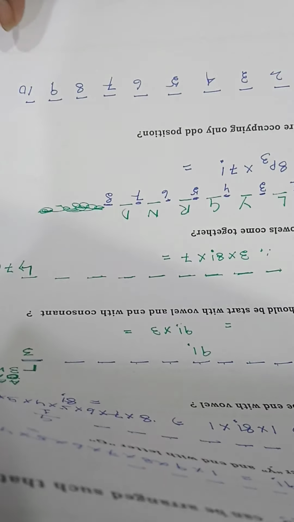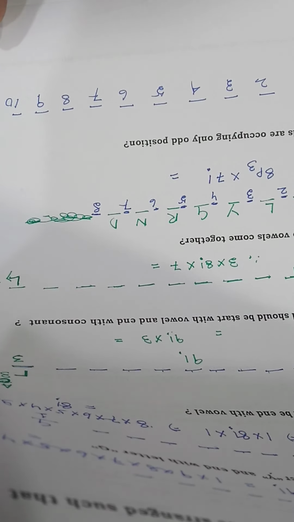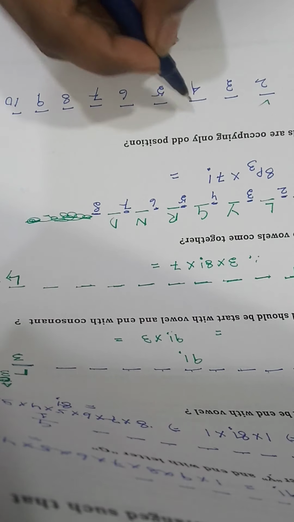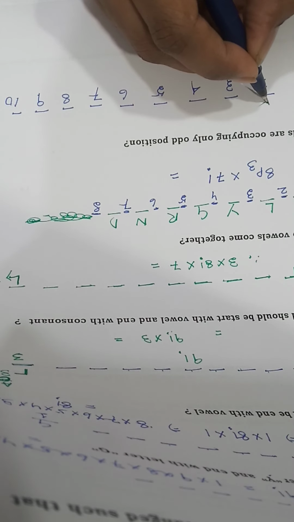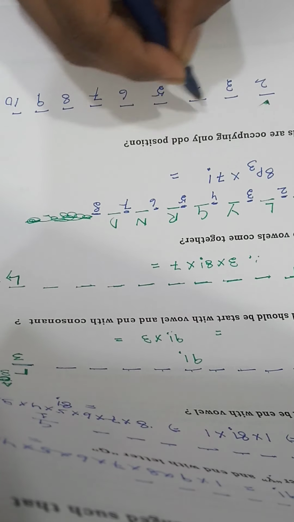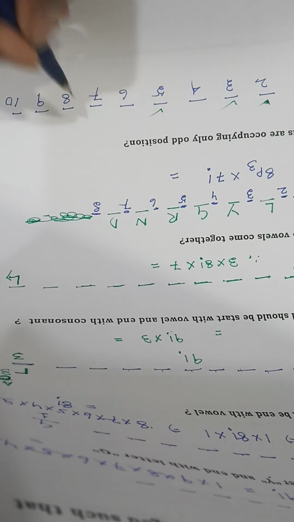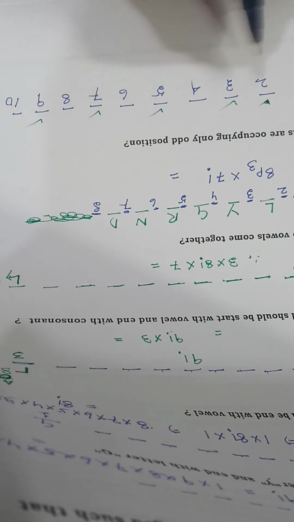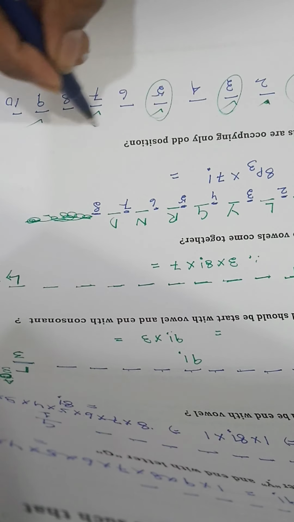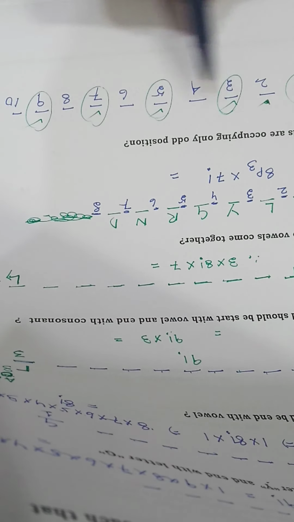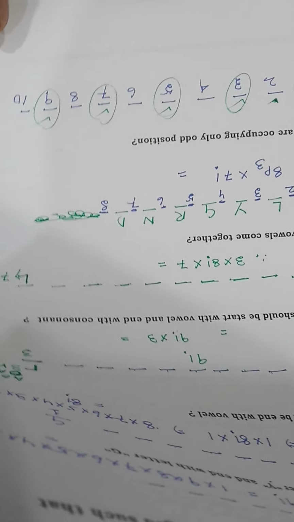The odd positions will be 1, 3, 5, 7, 9. This is the odd positions. How many odd positions are there? 1, 2, 3, 4, 5. There are 5 odd positions.